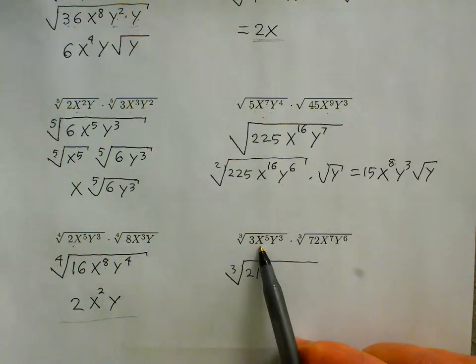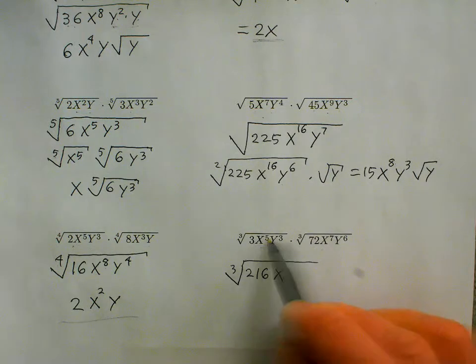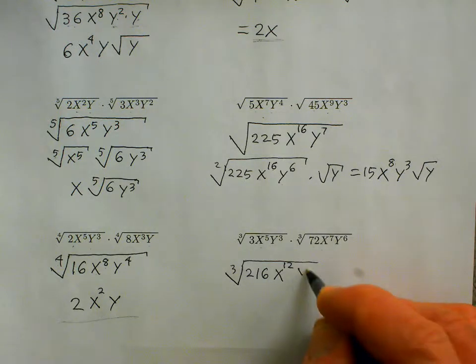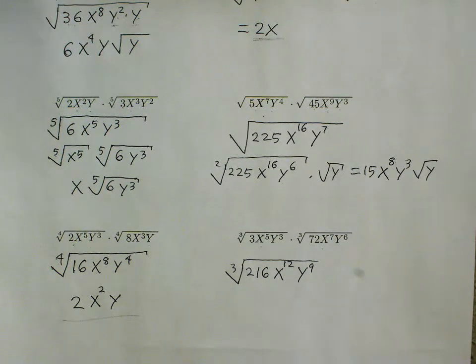X to the fifth times x to the seventh is x to the 5 plus 7, or x to the 12th. And y to the third times y to the sixth is y to the 9th. And now all we have to do is simplify the cubed root of 216 times x to the 12th times y to the 9th.